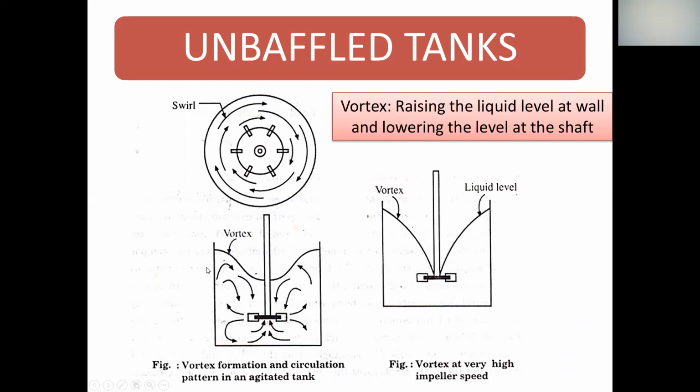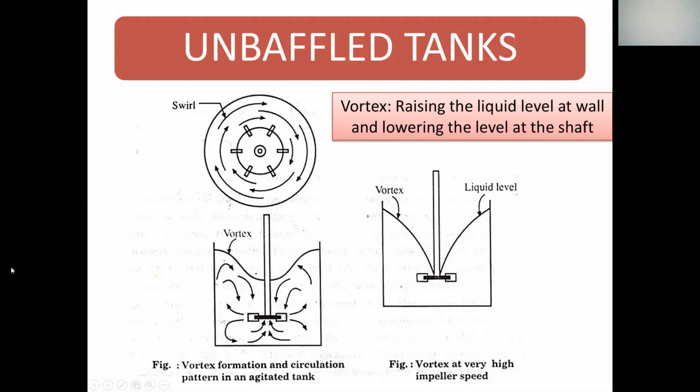Also, when we do not put the baffle, the swirling motion of the liquid takes place. So when this situation takes place, the mixing performance decreases. So baffles are normally used to improve the performance of the mixing operation and avoid the vortex formation.